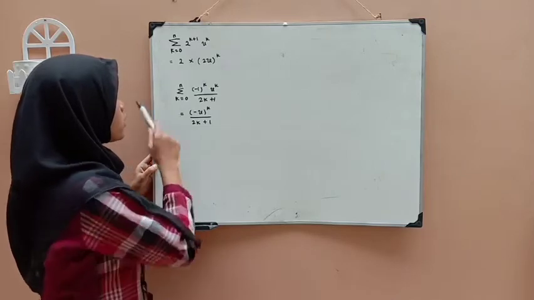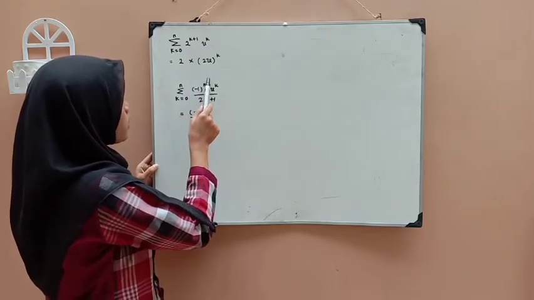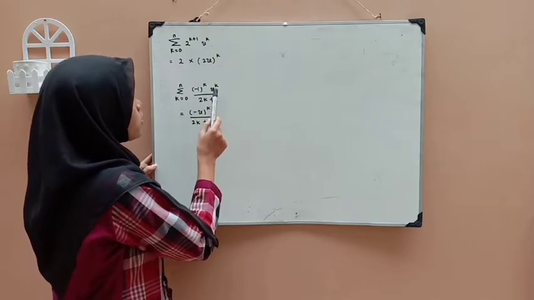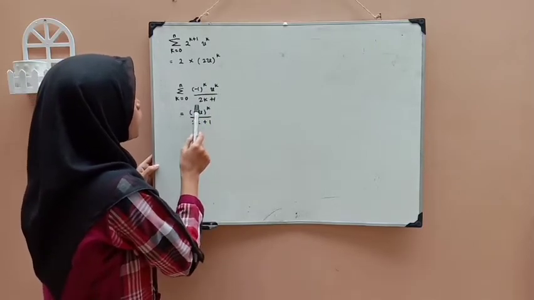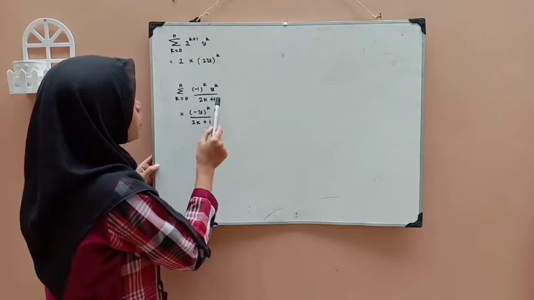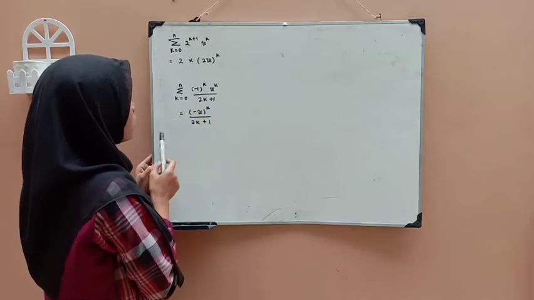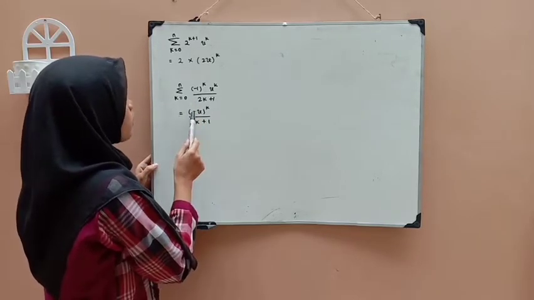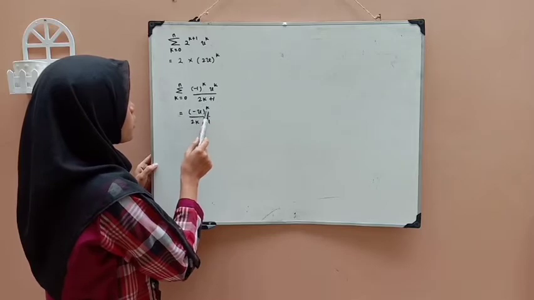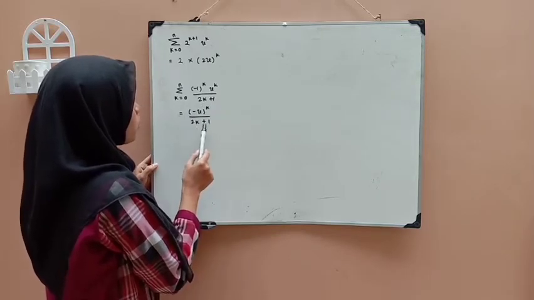Next question, the sum of (-1)^k times x^(2k) over (2k+1), k goes from 0 to n, equals (-x)^k over (2k+1).